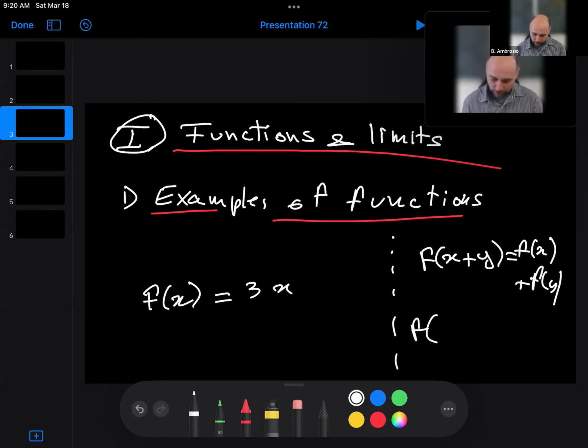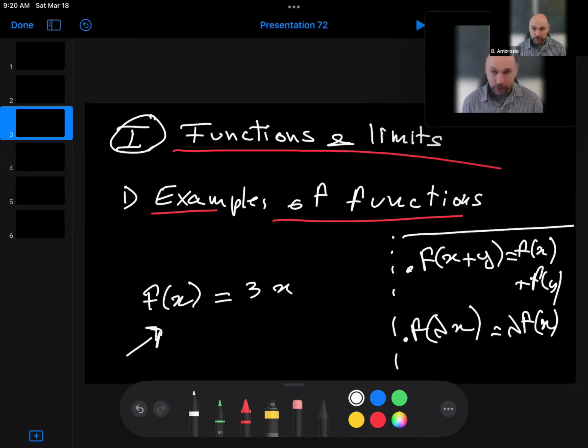And if lambda, a Greek letter, represents here another number, f of lambda x equals lambda f of x. A function f that satisfies these two points is called a linear function. And you can see that this function is a linear function.